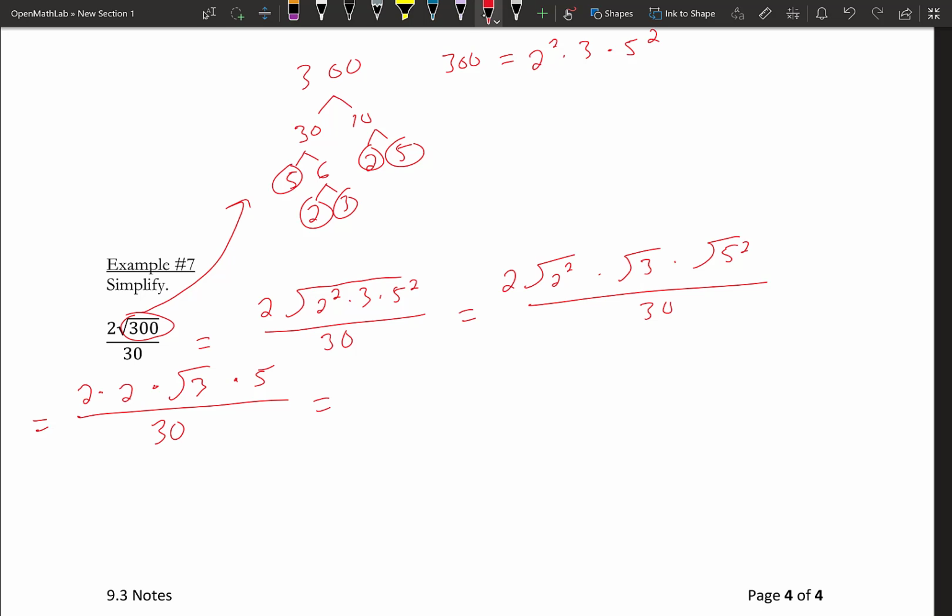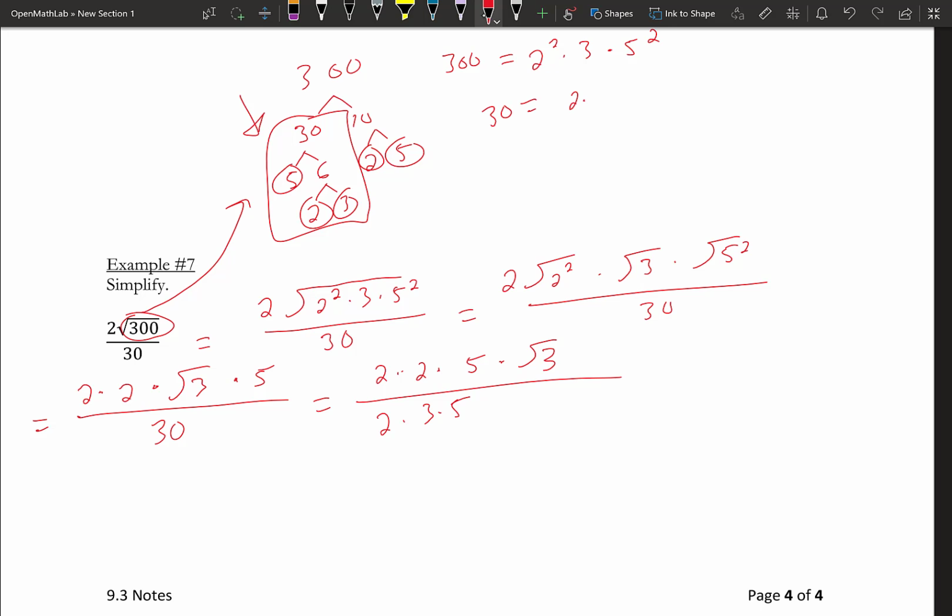So then what I would do is just change the order of the 5 and the square root of 3. And then on the bottom, 30, we can see the prime factorization is here, this part of the 300. So this would be 2 times 3 times 5, which is equal to 30.